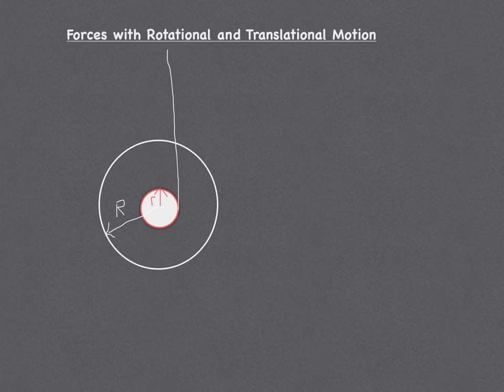So with most force type problems, we're going to have to identify what the forces are, use a free body diagram, and write out our equations, right? So on the yo-yo at the center of mass, it does have mg, but there's also a tension upwards on the string.